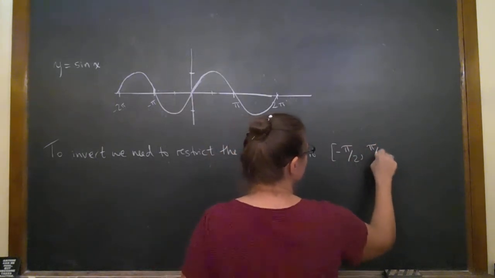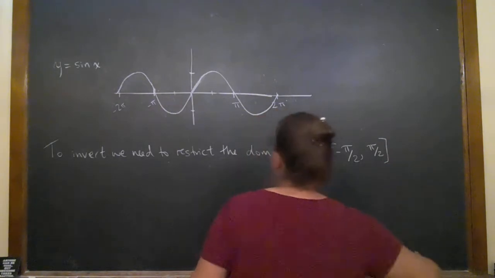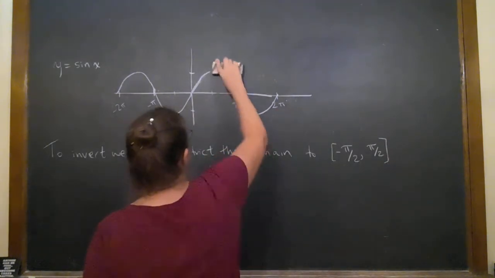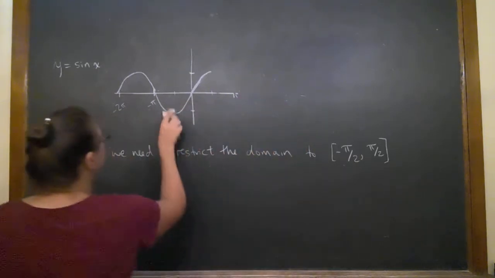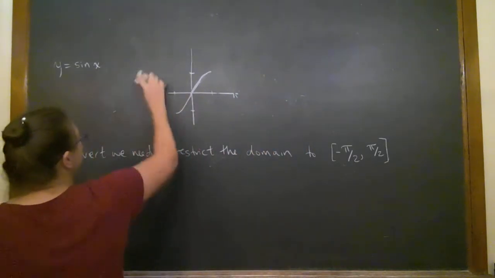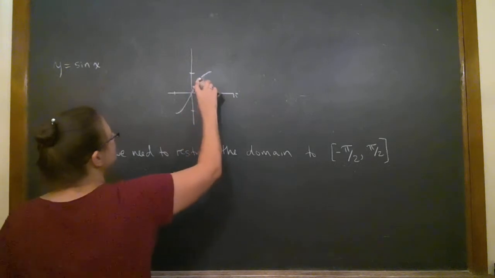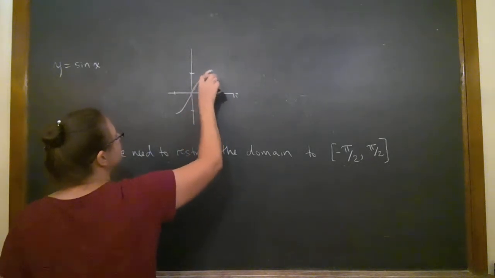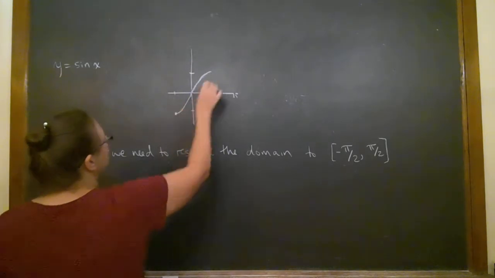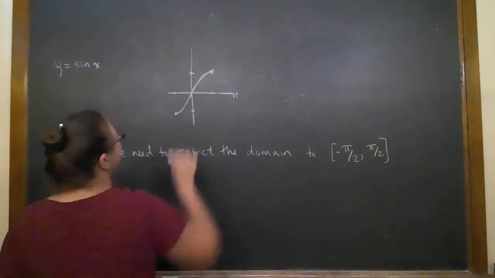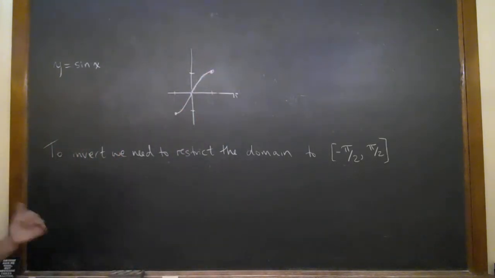So if I restrict the domain there, it means I don't need any of this stuff. Right? Now it looks kind of wonky, but all right, it looks like this. If you want a nice picture, look in the book or online. All right, so that's my picture.